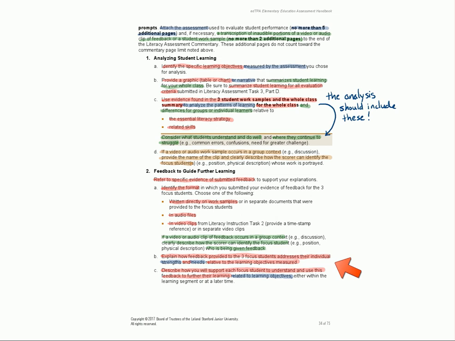Next, you need to explain how feedback provided to the 3 focus students addresses their individual strengths and needs relative to the learning objectives measured. So this has to be about each one of them. And my suggestion is that you write a paragraph for each focus student. Focus student 1, focus student 2, focus student 3.